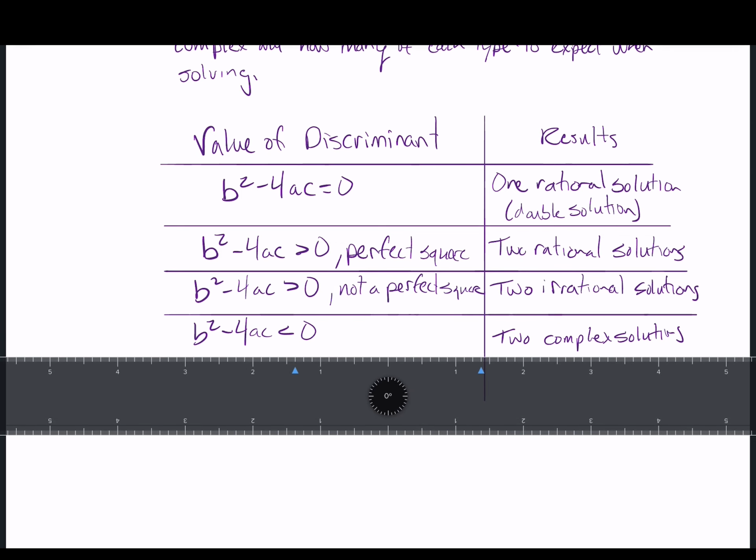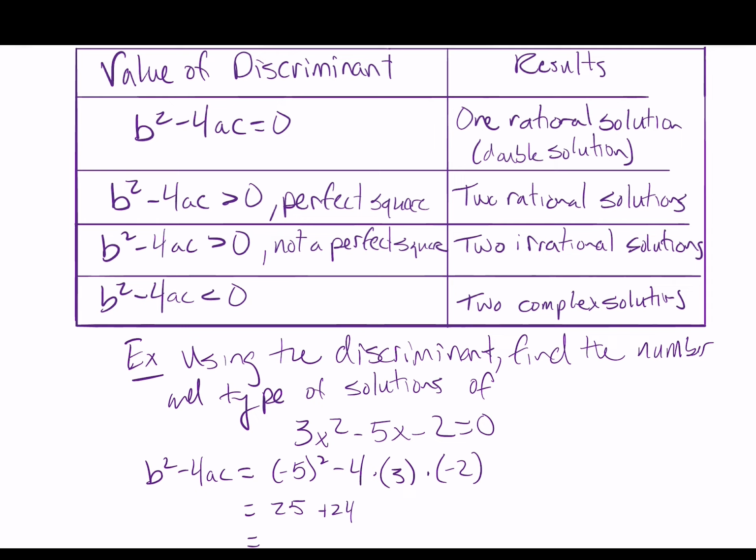Well, negative 5 squared is 25. We have negative 4 times 3 is negative 12 times negative 2 is 24. So we have 25 plus 24. 25 plus 24 is 49, not 42, 49.